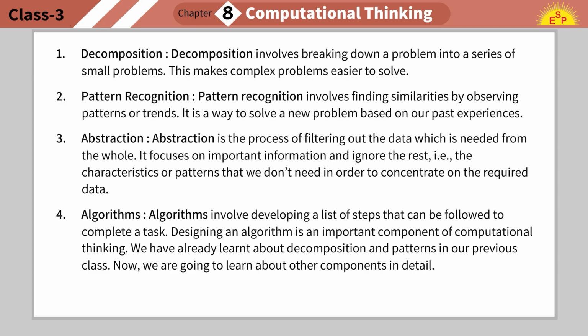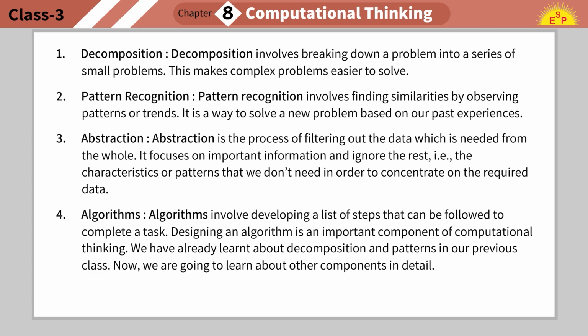Abstraction. Abstraction is the process of filtering out the data which is needed from the whole. It focuses on important information and ignores the rest, i.e., the characteristics or patterns that we don't need, in order to concentrate on the required data. Algorithms.